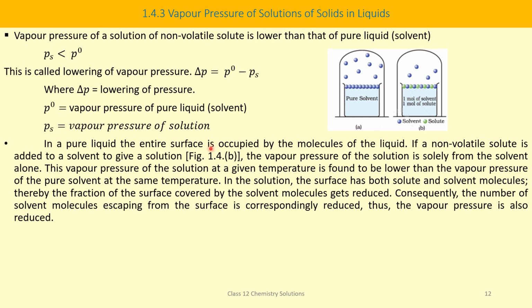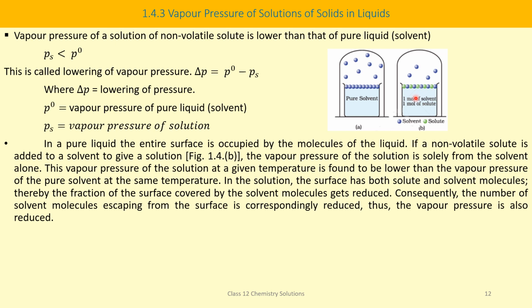In a pure liquid, the entire surface is occupied by molecules of the liquid. If a non-volatile solute is added to the solvent to give a solution, as shown in figure B, the vapor pressure of the solution is solely from the solvent alone.